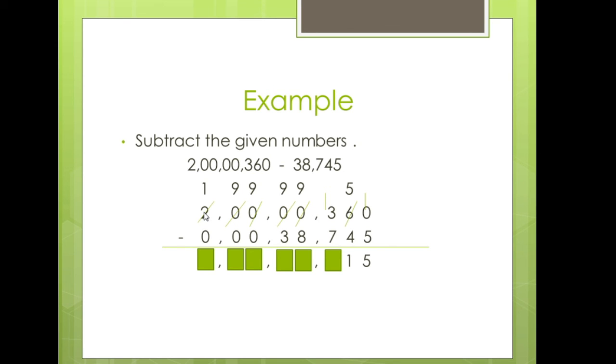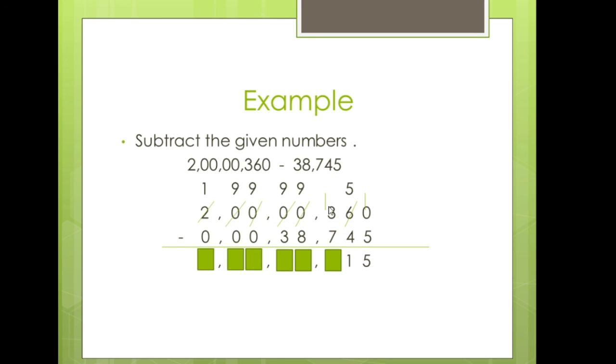When I take 1 from this 2, it will become 10 over here. Then I will take 1 from this 10, it will become 9, and this will become 10. Now again I will take 1 from this 10 for the next number, so it will remain 9, and I will make the next one 10. Now again I will take one from this 10, and it will become 10 again over here. Now from this 10 I will take 1 for this 3, so it will remain 9 over here.